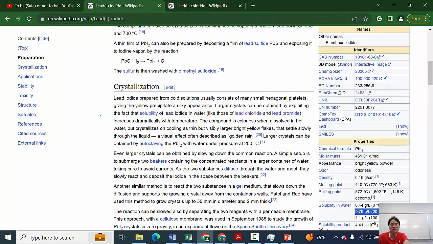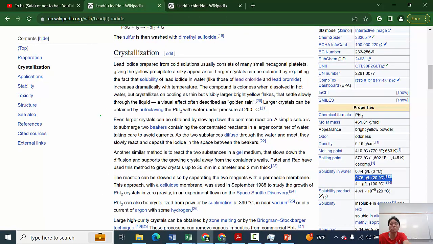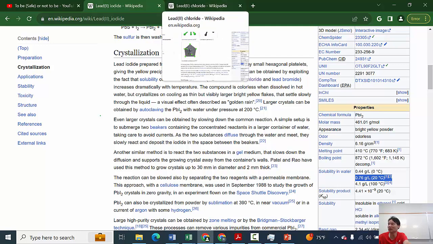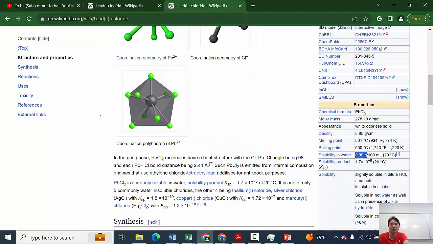PbI2 was 0.76 grams per liter. So about 1 gram in the liter, or 3/4 of a gram in the liter. PbCl2 is 1 gram per 100 milliliters. So I'm going to have to multiply it by 10. And so its solubility is about 10 grams per liter.